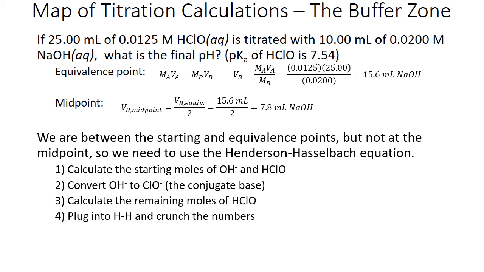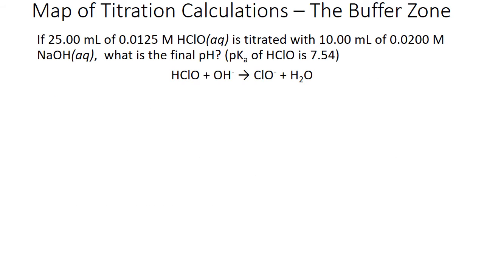Let's do it. The relevant chemical reaction equation for us is HClO plus OH minus becomes irreversibly ClO minus, the conjugate base of HClO, plus H2O. So this sodium hydroxide we're adding is going to react with the HClO to make ClO minus.